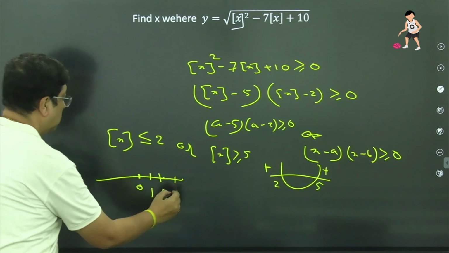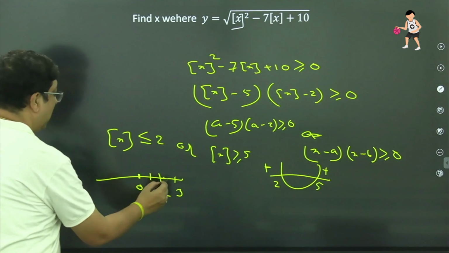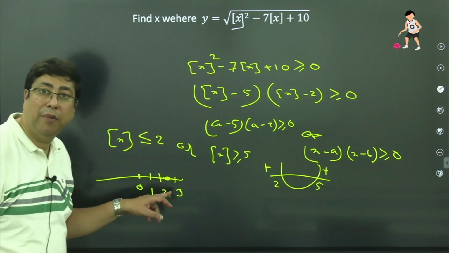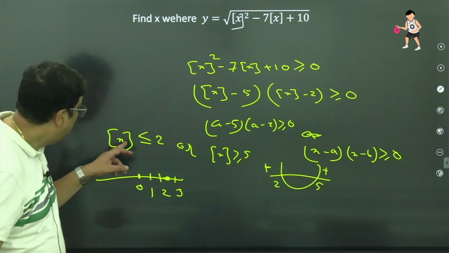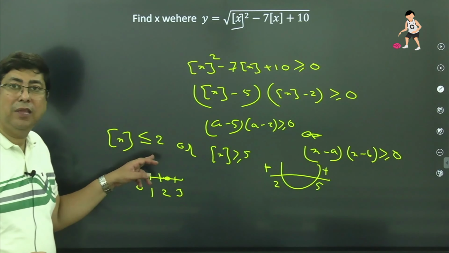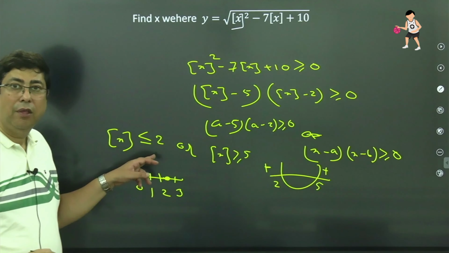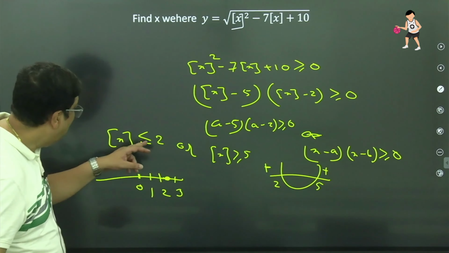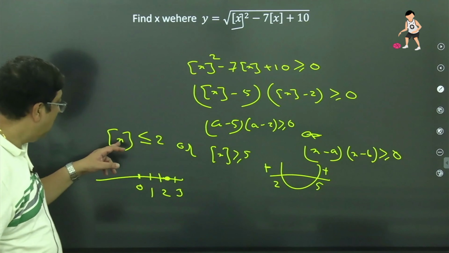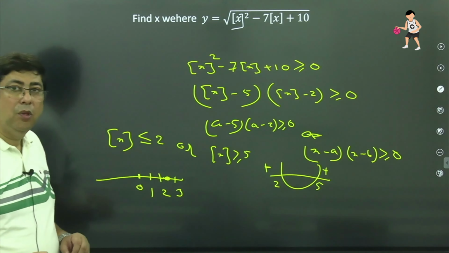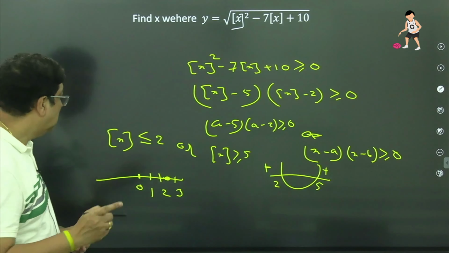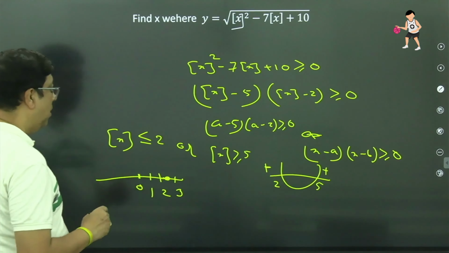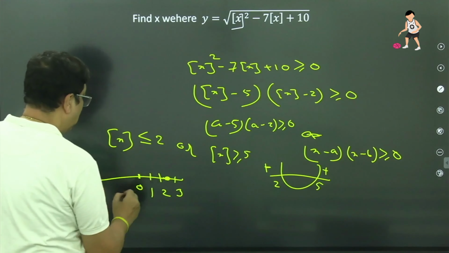If x is 2.1, then floor of 2.1 is less than equal to 2. Yes, right. If x is 2.999, then also it is equal to 2. So floor x greater than equal to 2 and floor x less than equal to 2.